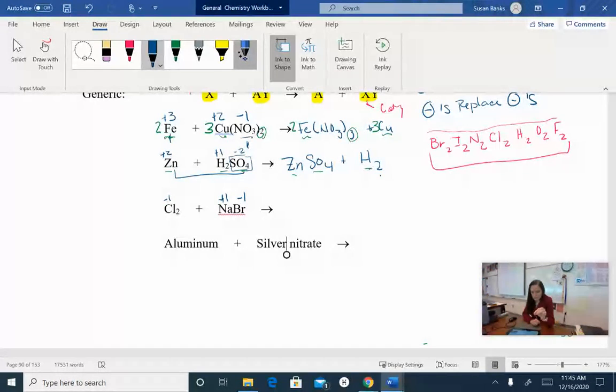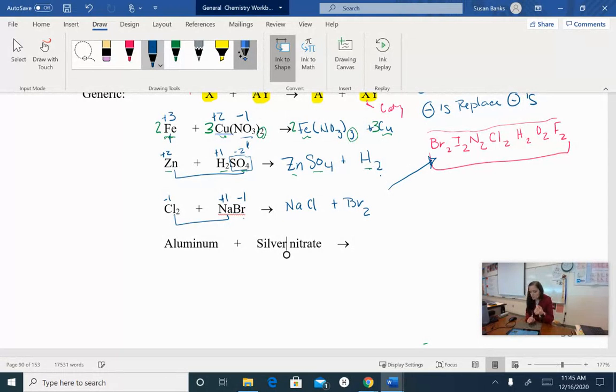So chlorine is going to get together with the sodium. What ratio? +1 plus -1 equals 0. So I need 1 sodium and 1 chlorine. We will make sodium chloride, otherwise known as table salt, and then bromine will be off by itself. And notice I wrote Br2 because guess what?